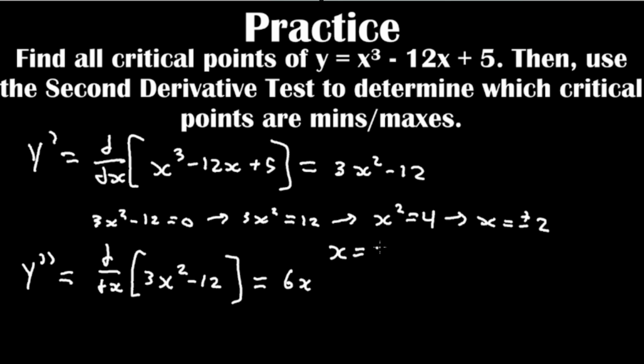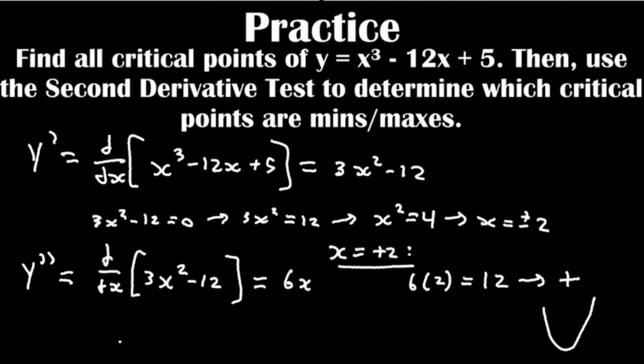Let's try x is positive 2. Our second derivative when x is positive 2 is just 6 times 2, which is 12. So our second derivative is positive at our critical point of x equals positive 2, meaning that we're concave up, which means that we need to have a minimum at x equals 2.